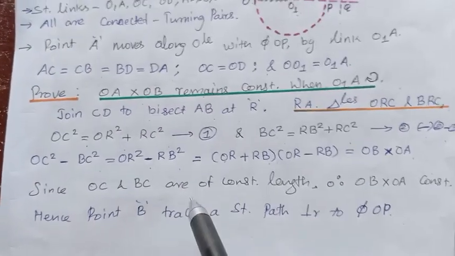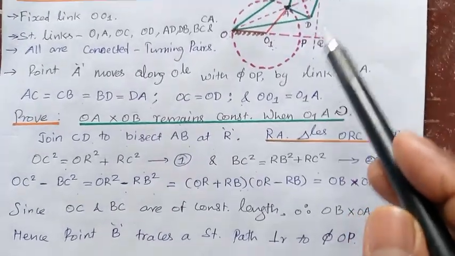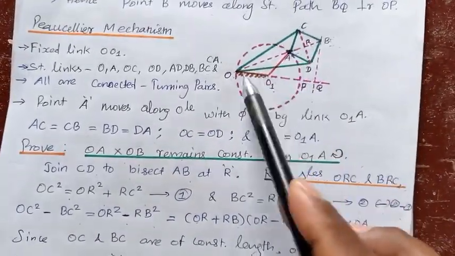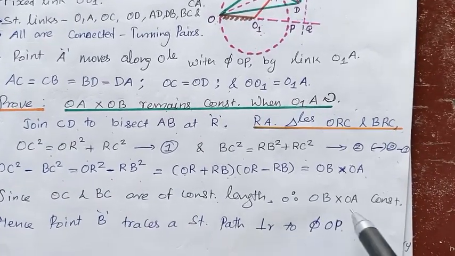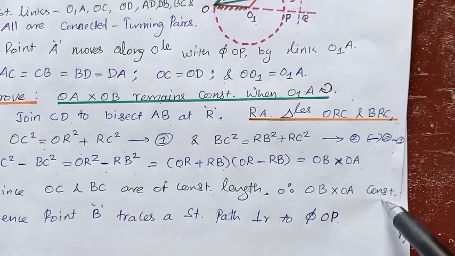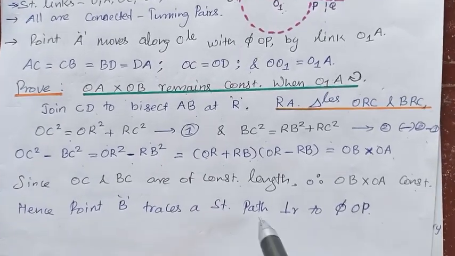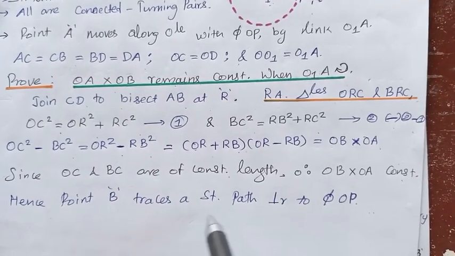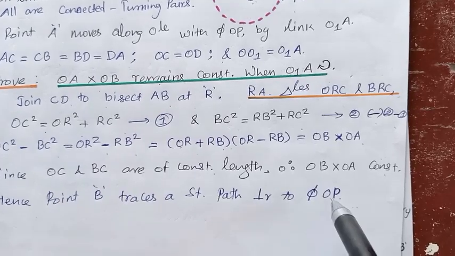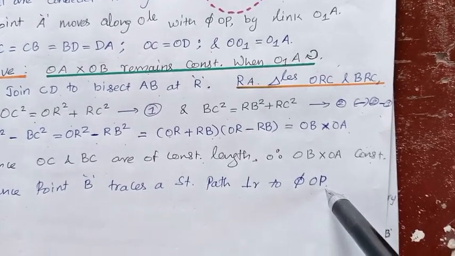Since OC and BC are of constant length, OB into OA is always constant. Hence the point B traces a straight path perpendicular to the diameter of the circle OB.